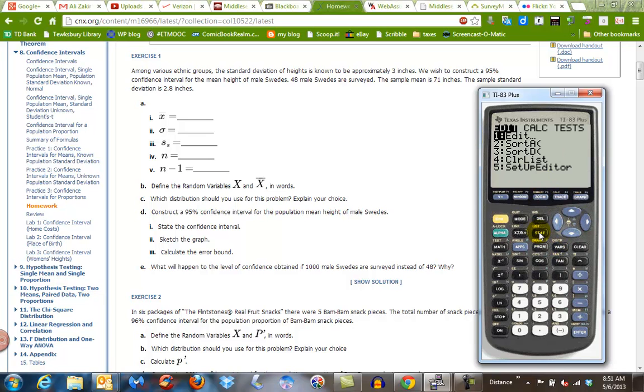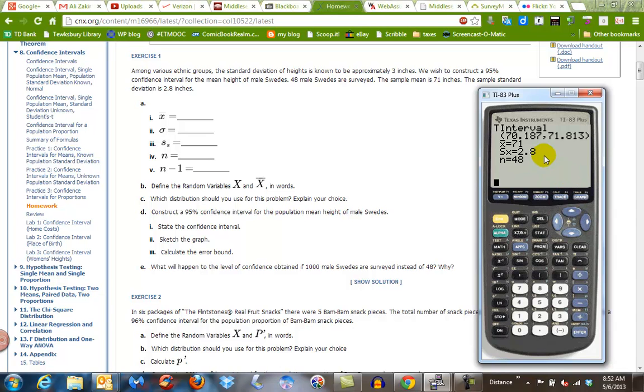Now a t-interval is going to give us something a little different, because we have to use the t-distribution. Again, we have statistics. Our mean was 71, but in this case our standard deviation was 2.8. We still have 48 people, and we calculate, and we get our range: 70.187 to 71.813.